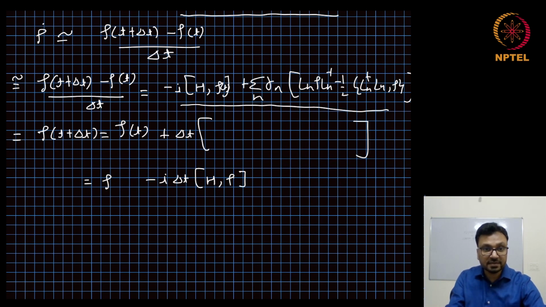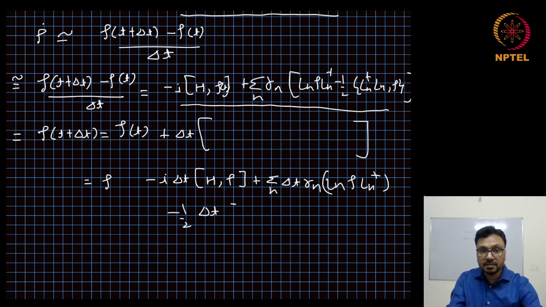On the left hand side, we have rho of t plus delta t, and on the right hand side, we have rho of t plus sum over n delta t gamma_n L_n rho L_n dagger minus half delta t times the anticommutator of L_n dagger L_n with rho.